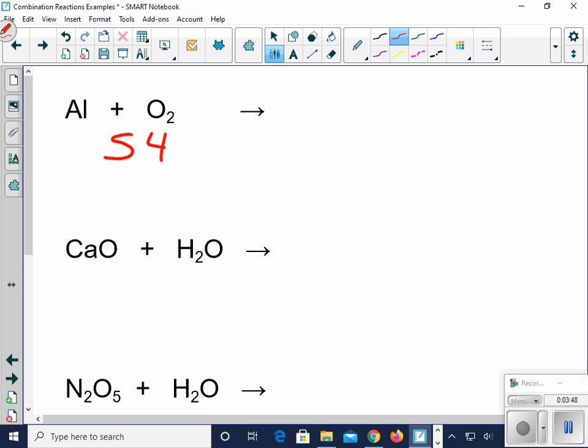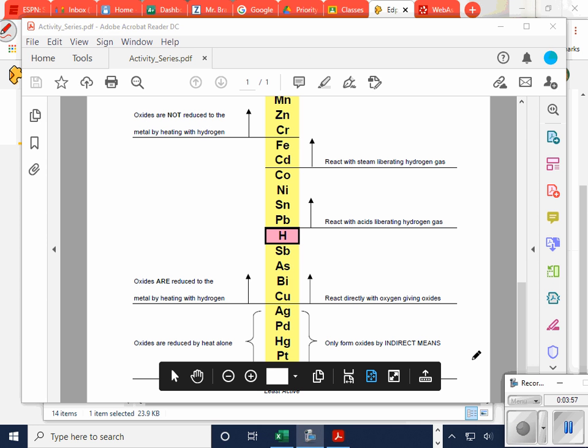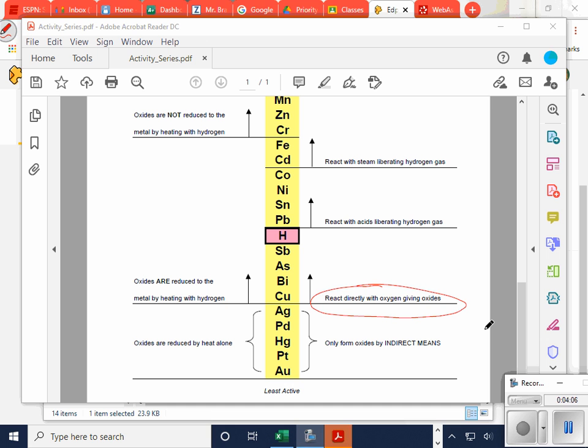There is a line on the activity series. Okay, I'm looking at my activity series here, and right here it states, reacts directly with oxygen giving oxides. As I am looking at my activity series, I'm dealing with aluminum.